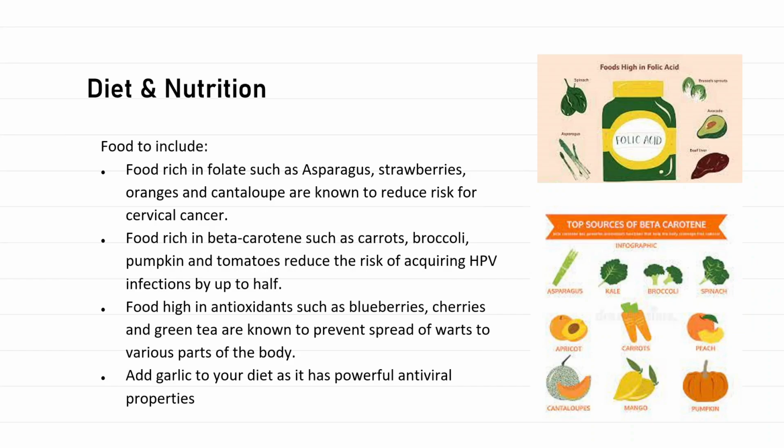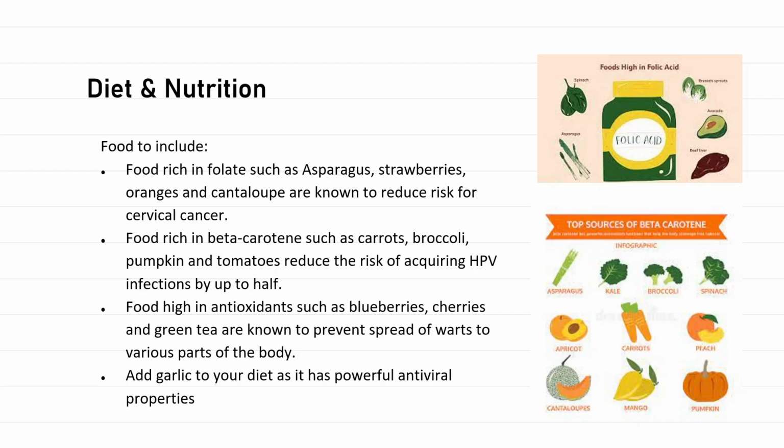Then, what is the role of diet and nutrition? Foods you should include should be rich in folate or folic acid, such as asparagus, strawberries, oranges. This can reduce the risk of cancers. Then you should indulge in foods that are rich in beta carotene, like carrots, broccoli, spinach, peaches.